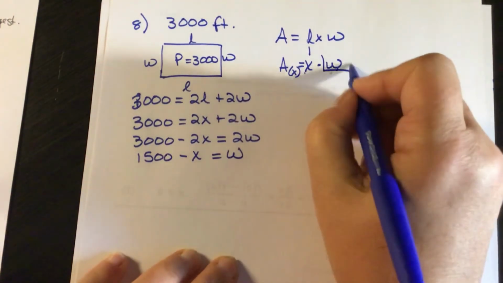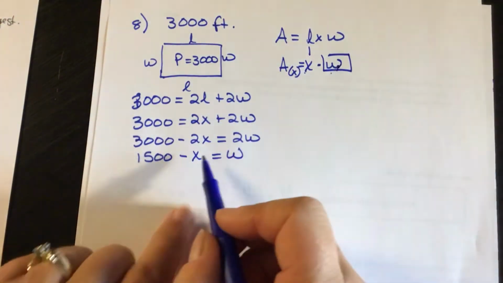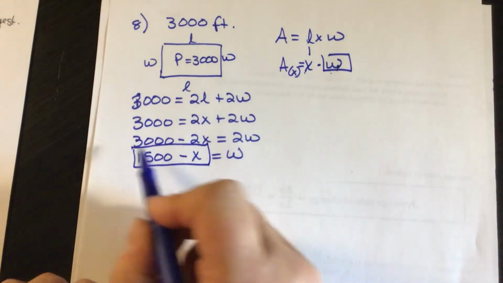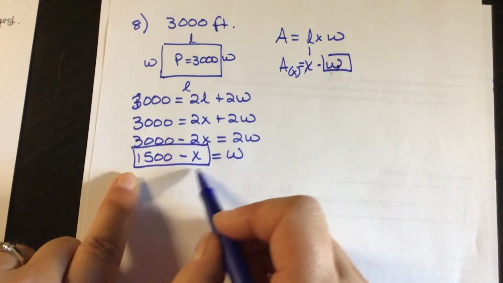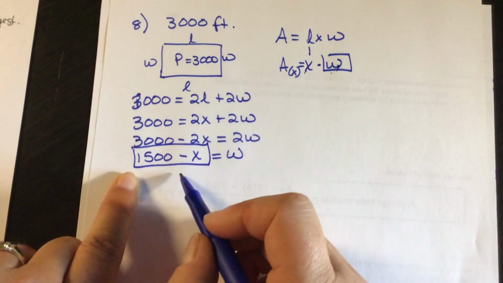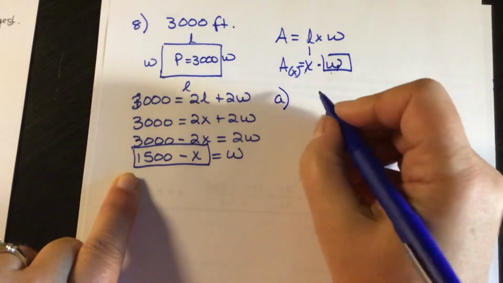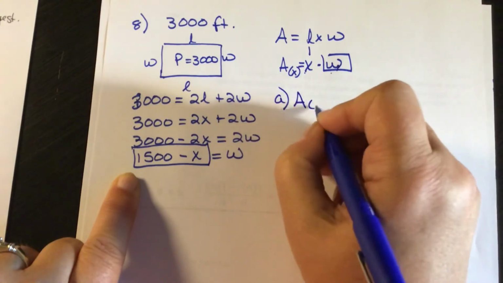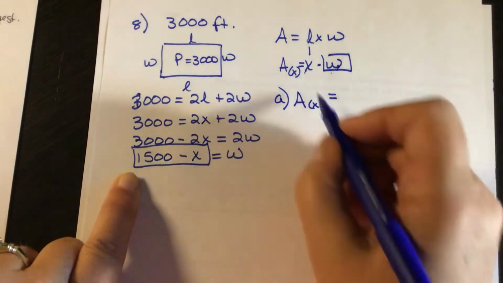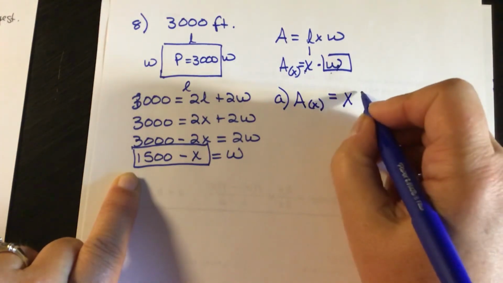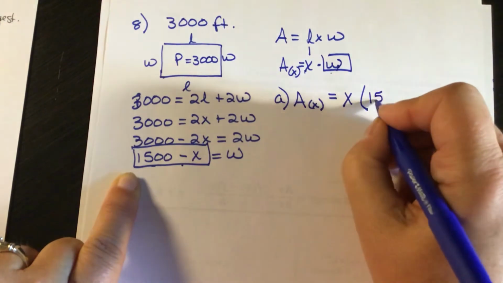So up in my equation, I'm going to replace the width with a function of the length. So for part A, my area based on x, which is the length, is x, length, times width, which is 1,500 minus x.